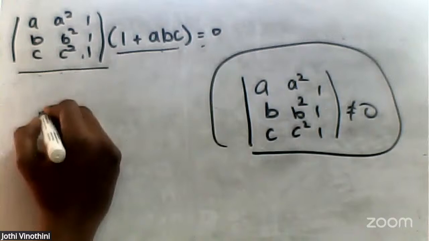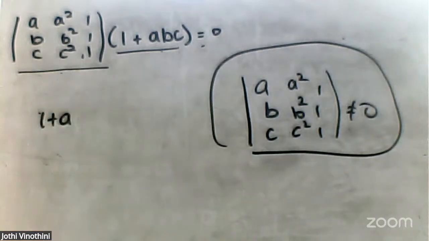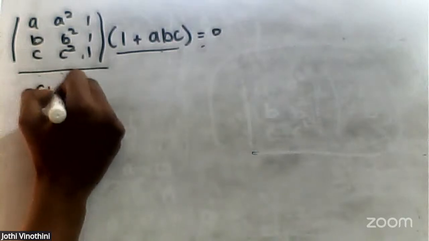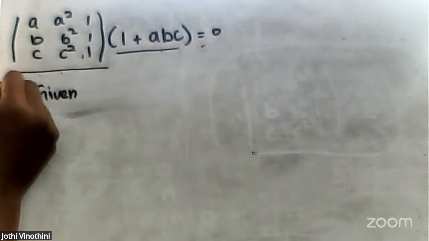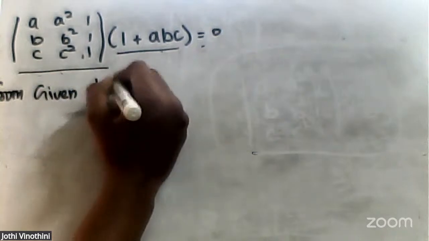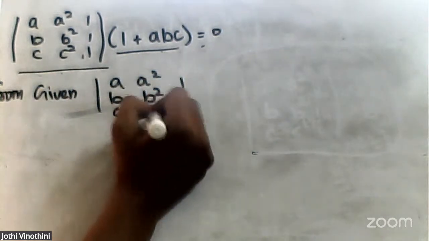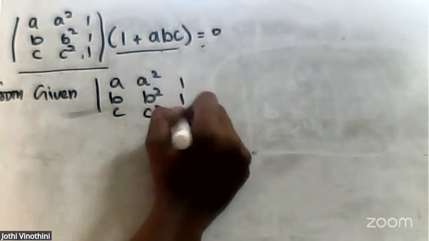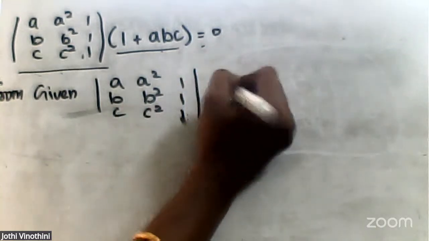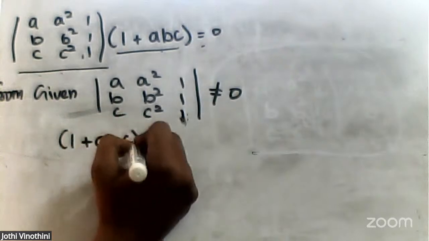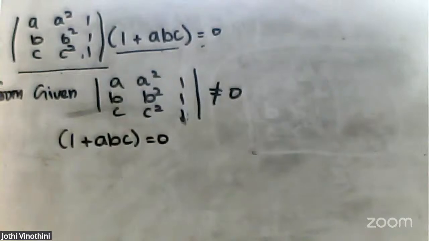So I am taking this term. So we can write clearly, right? From the given, A squared, 1, B, B squared, 1 and this matrix, C squared, 1, which is not equal to 0, so that we can conclude 1 plus A, B, C is equal to 0.